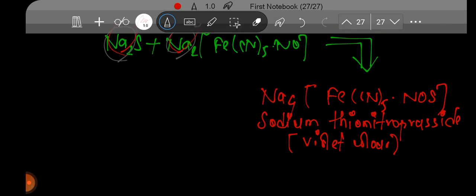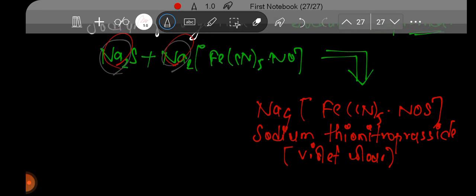You shall be clear in this reaction, and you shall know how to remember the reaction.